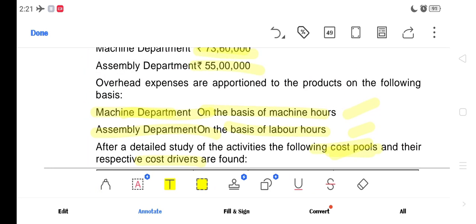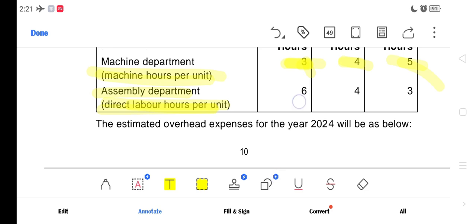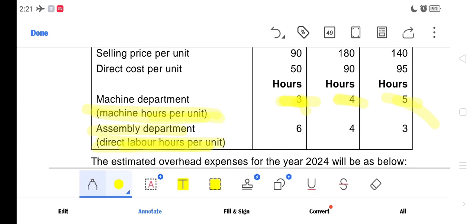Because for machine hours and labor hours we have the data here. Machine hours we know, labor hours we know. For each of the products we have this per unit data, so that we can calculate the total direct labor hours or machine hours.